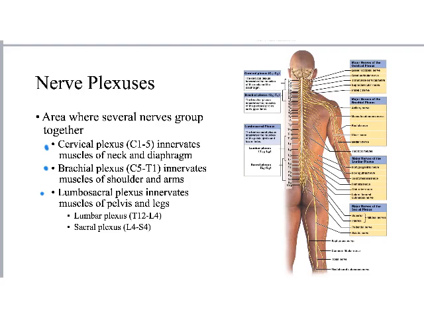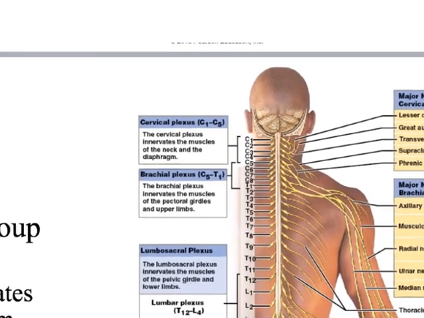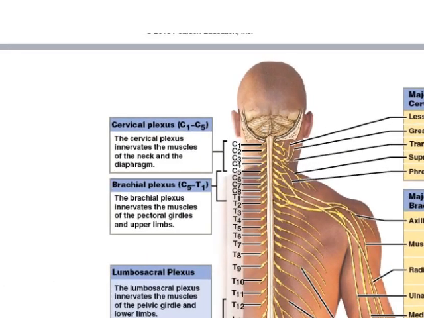The cervical plexus, if you blow this up, is this. You can see how right in this area there's a bunch of nerves. They almost look like a net. There's a net of nerves there. So that's the cervical plexus, and that innervates muscles and sensation in the neck, which is really important for functions like swallowing and even breathing to an extent.